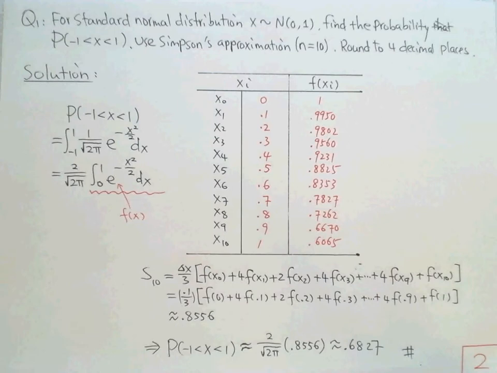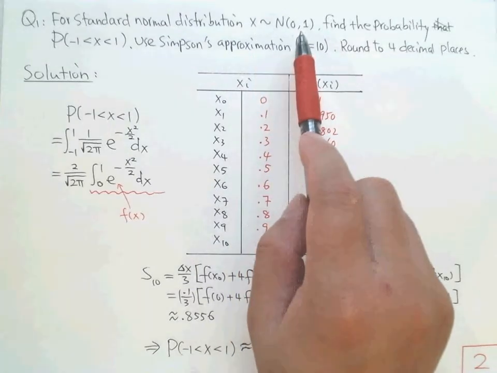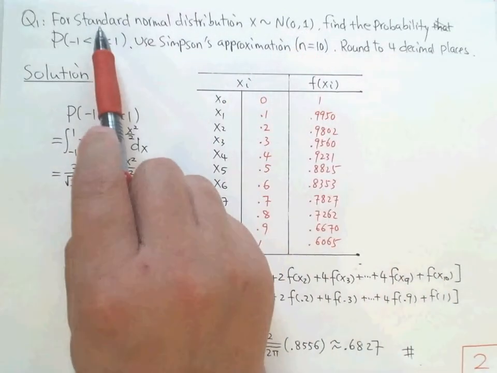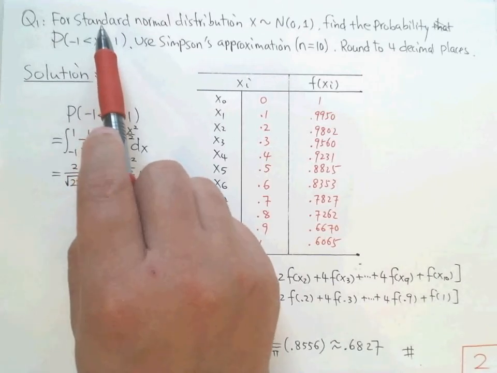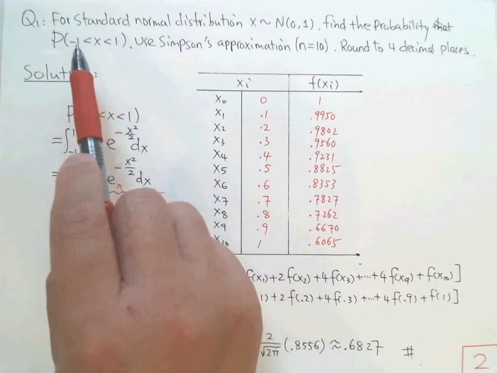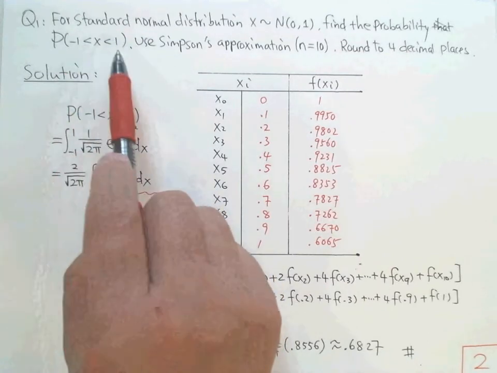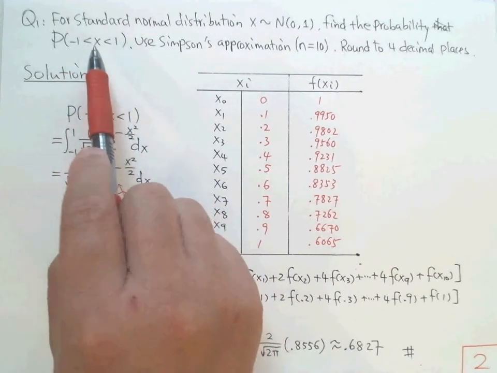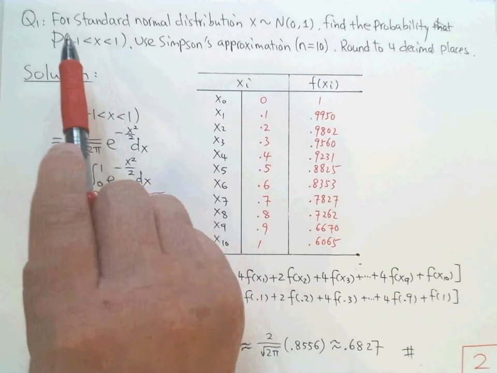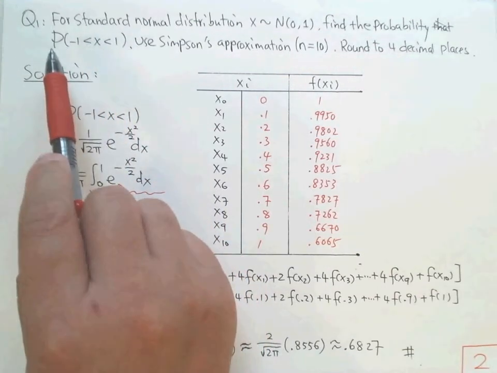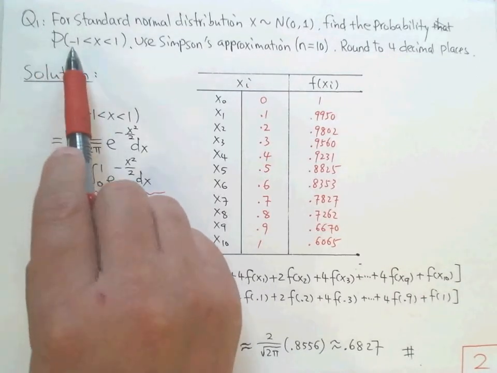Look at this example. If x has a normal distribution with mean 0 and standard deviation 1, which we call the standard normal distribution, how do we find the probability that x is between negative 1 and 1? If someone learned statistics, this means one standard deviation below to one standard deviation above the mean, 0.